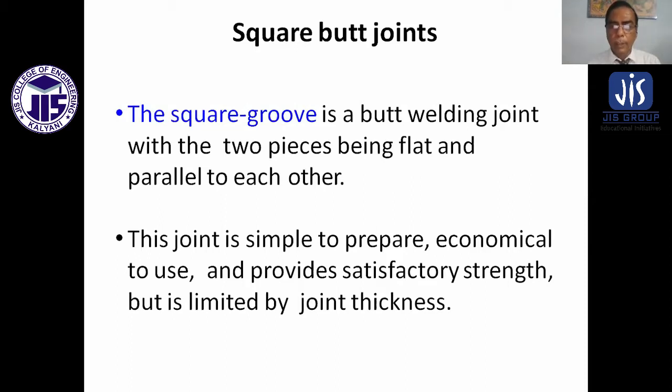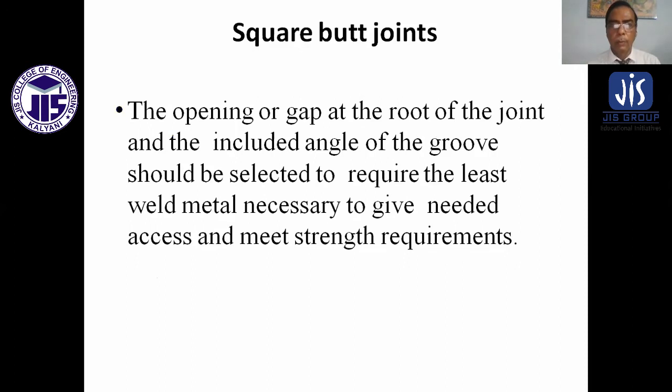So thinner plate can be joined by square butt joint. The opening and gap at the root of the joint and the included angle of the groove should be selected to require the least weld metal necessary to give needed access and meet the strength requirement.